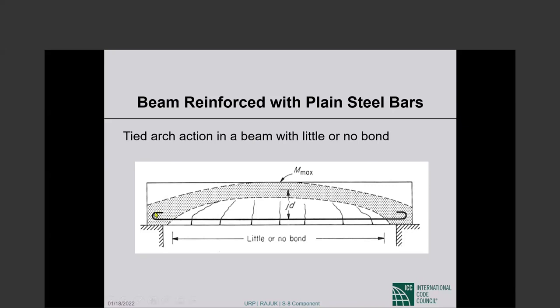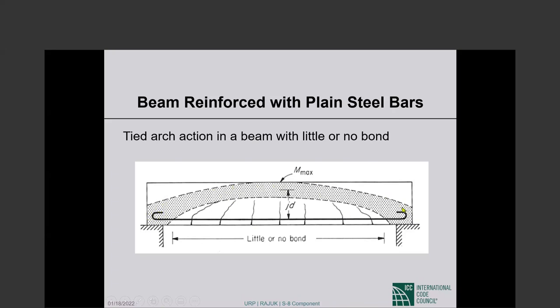However, if you hook the ends of the bar, then the beam does not have to fail when bond fails, because the beam then can act as a tied arch. The shaded portions are concrete in compression, and that forms an arch inside the beam.